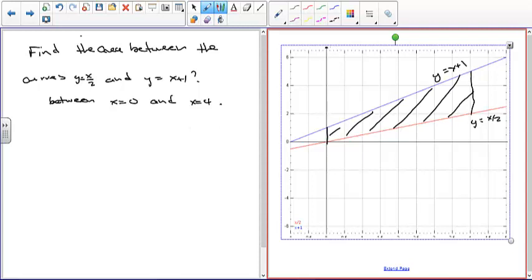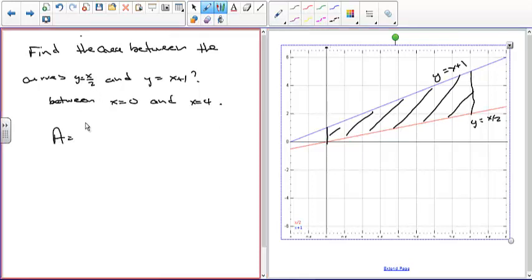If I want to calculate the area between those two curves, it's just going to be the integral from 0 to 4, and you put the function that is greater on the interval first, and you subtract the function that is less over the interval second, and you multiply that whole thing by dx.